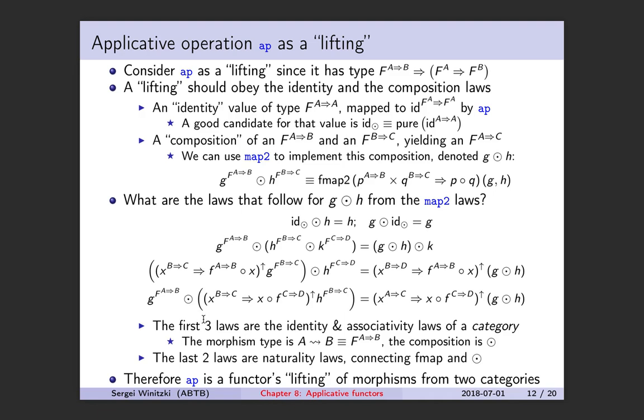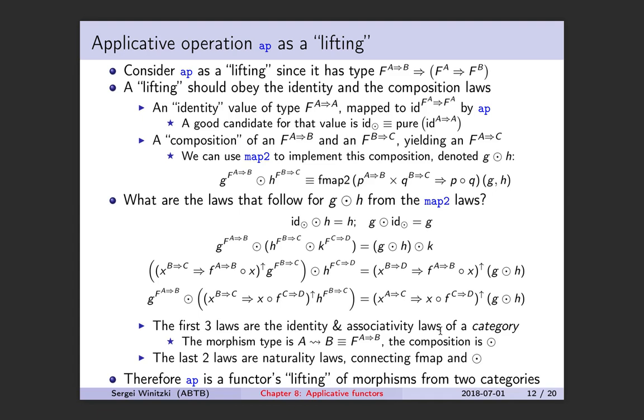The first three laws are actually the identity and associativity laws of a category, where the morphism type is this twisted function type, the identity is this, and the composition is that. I remind you that the category laws are identity and composition laws.